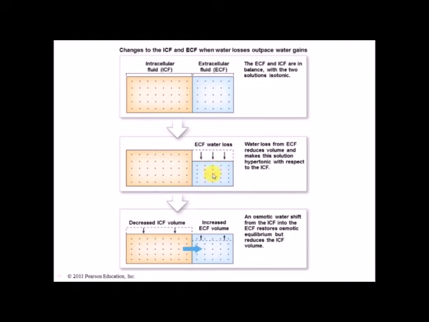You can see the little dots are really crowded together. Those solutes are very packed in there. So the intracellular fluid is going to transfer fluid over to the extracellular fluid, again returning that osmotic equilibrium. And this is what our body tries to do, return that osmotic equilibrium.